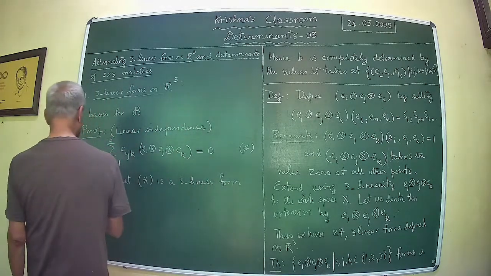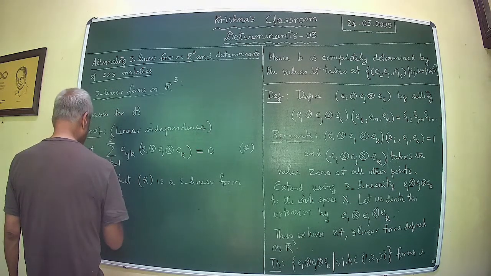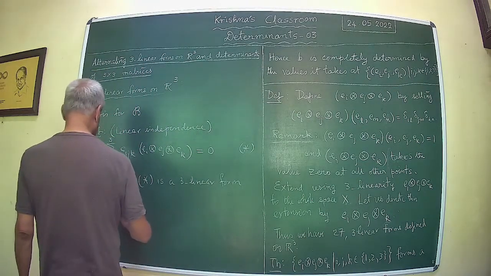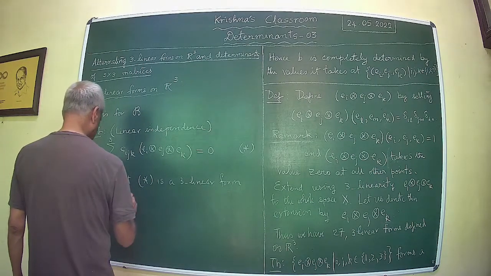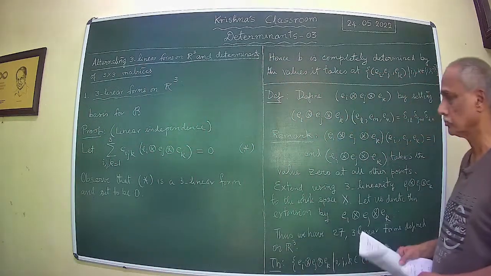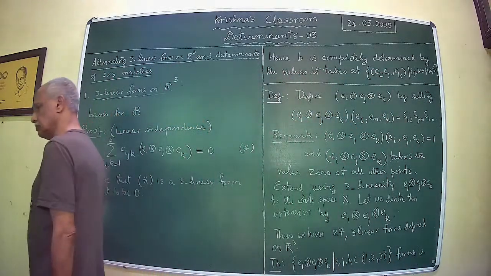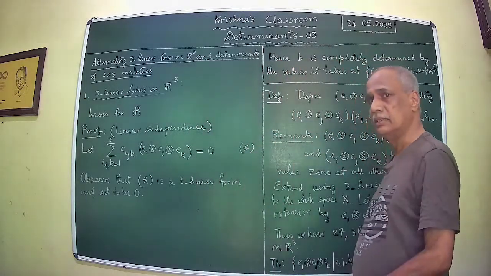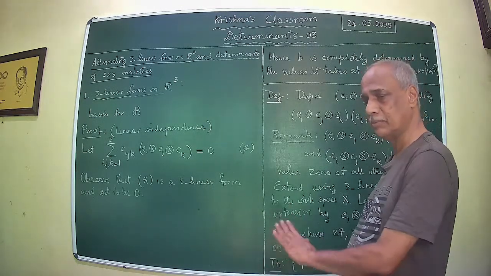We are taking it to be 0, that is the zero element of B. That means it's a trilinear form which vanishes at every point in R3 cross R3 cross R3, I mean R3 direct sum R3 direct sum R3.